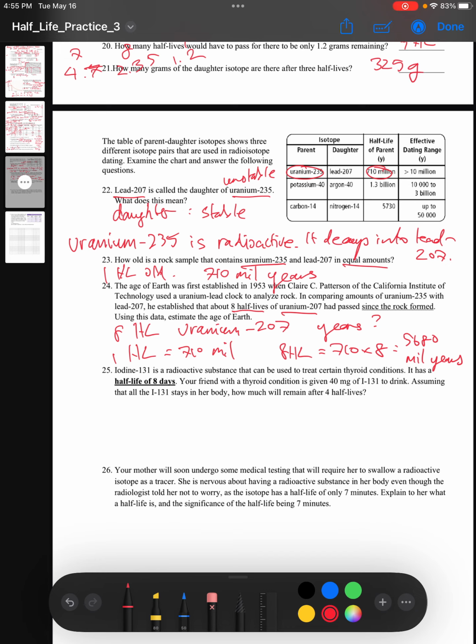Iodine-131 is a radioactive substance that can be used to treat certain thyroid conditions. It has a half-life of 8 days. Your friend with a thyroid condition is given 40 milligrams of iodine-131 to drink. Assuming that all the iodine-131 stays in her body, how much will remain after 4 half-lives? The half-life of iodine-131 is 8 days.